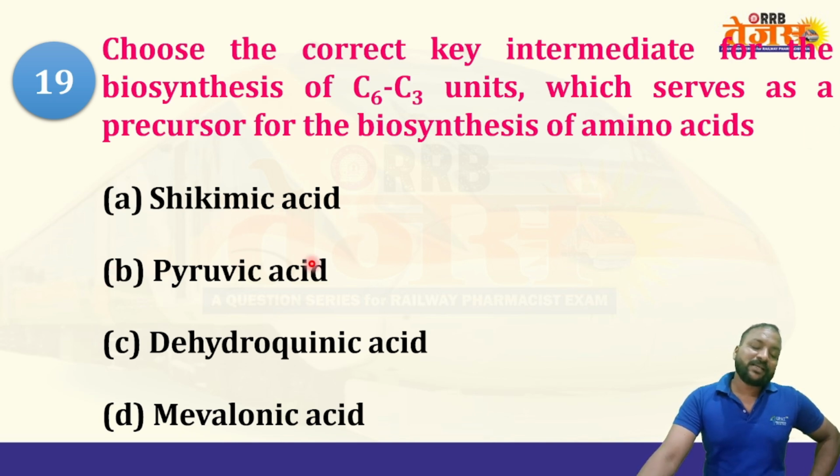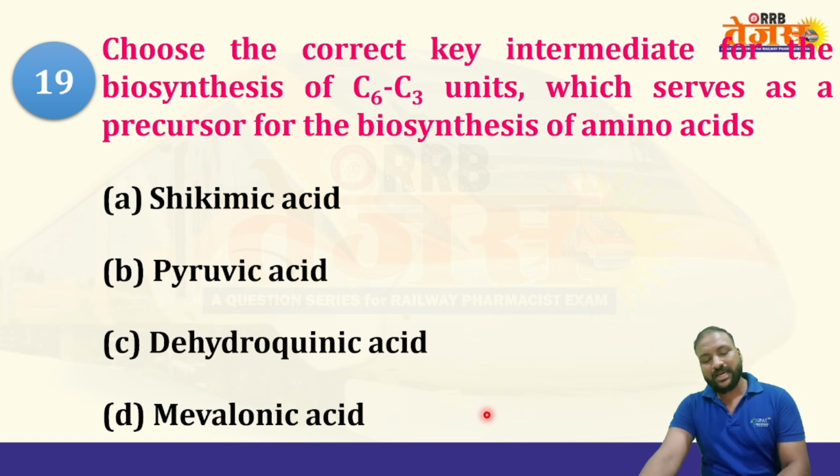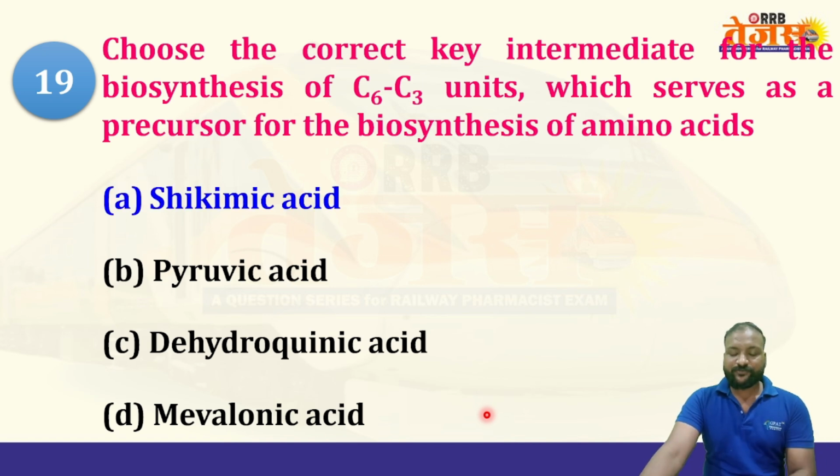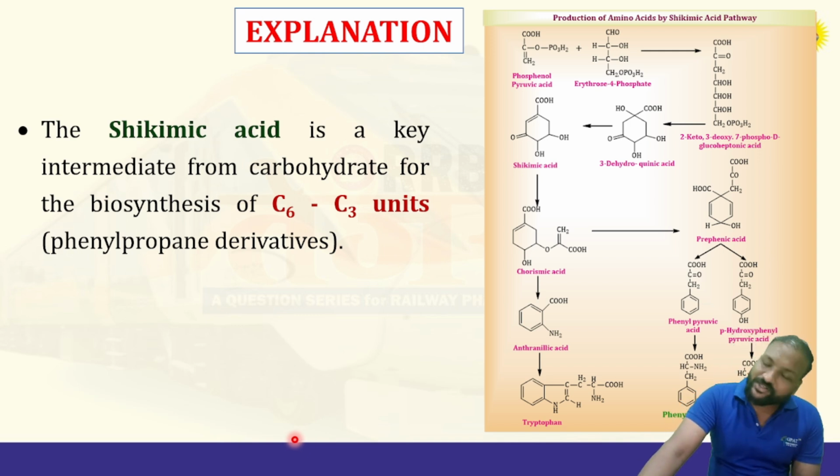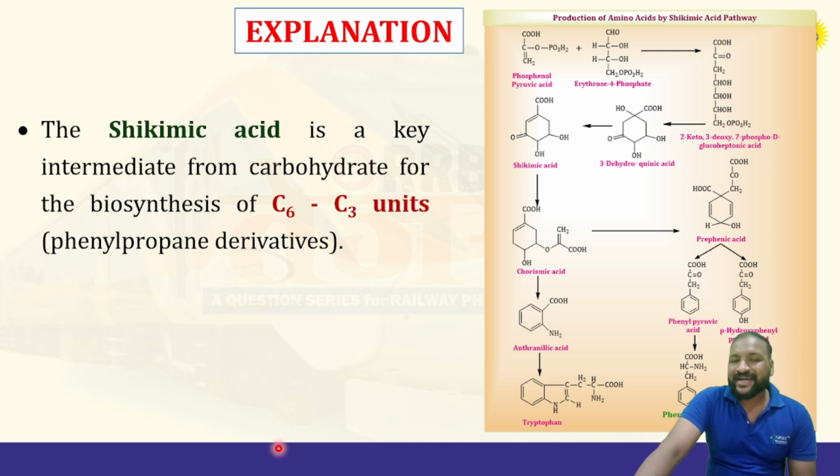Option A shikimic acid, B pyruvic acid, C dehydroshikimic acid, D malonic acid. Option A is the right answer. From shikimic acid, we get aromatic amino acids as final products, nothing but phenylalanine, tyrosine, tryptophan.